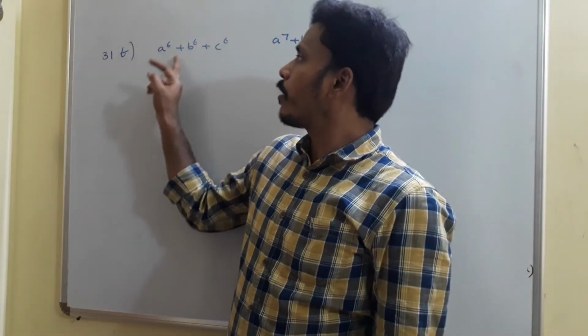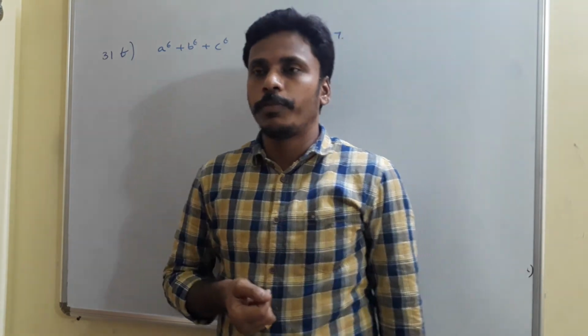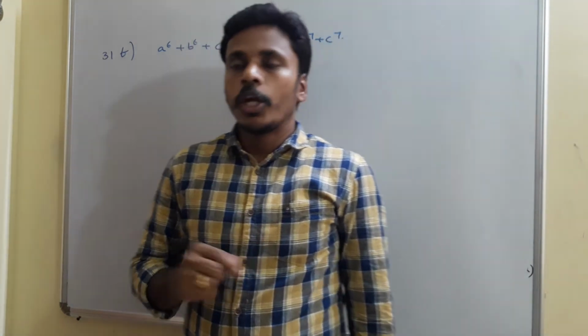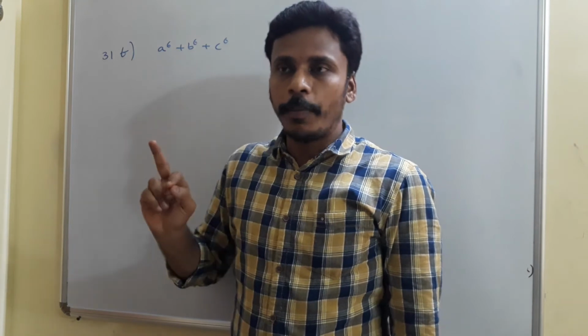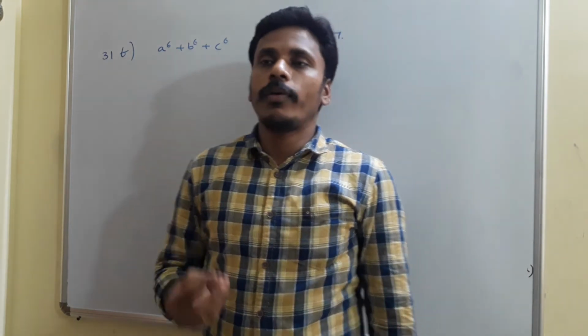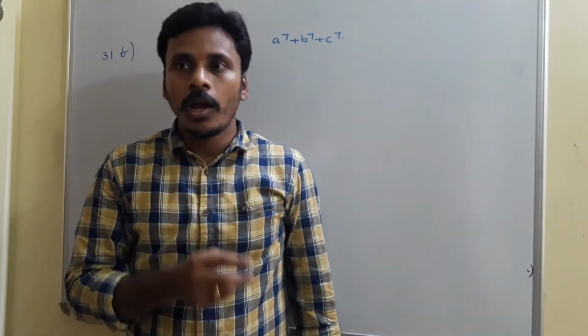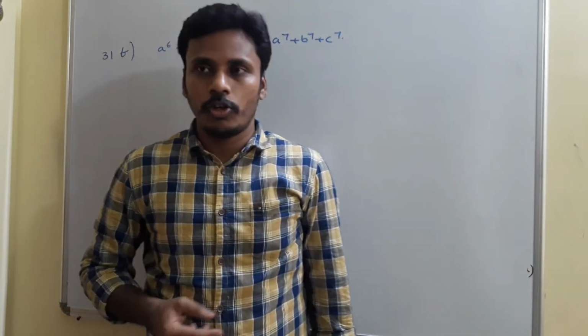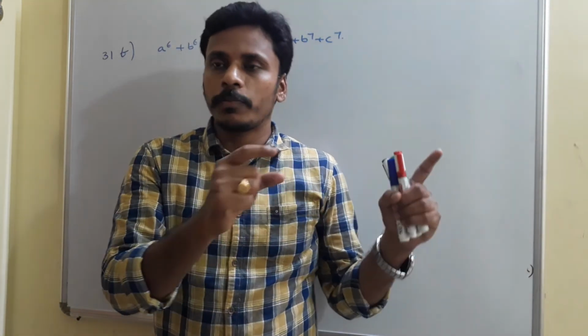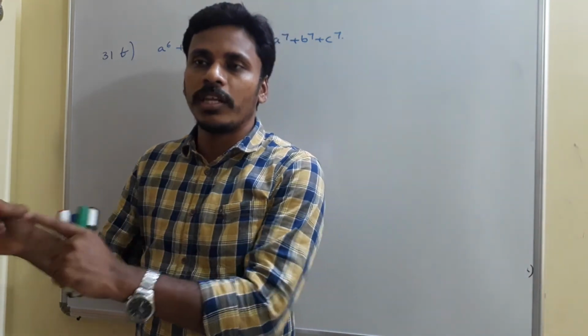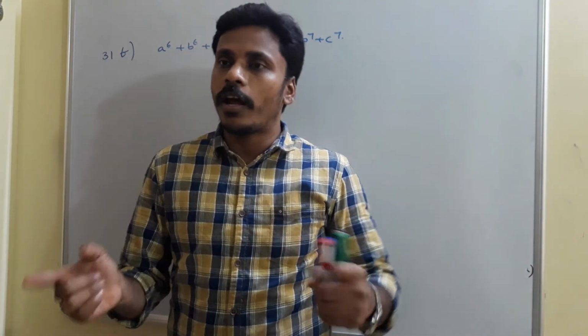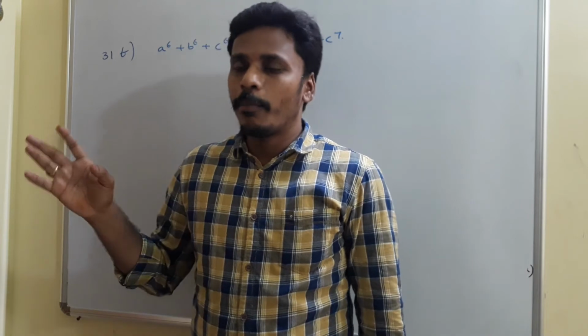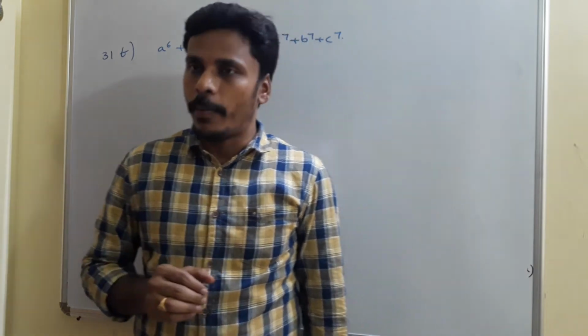First of all, just think about a power 6 plus b power 6 plus c power 6. You will get it just by cubing a square plus b square plus c square, or by squaring a cube plus b cube plus c cube. What I am saying, a cube plus b cube plus c cube is equal to 3abc. You just square on both sides, you will get it, but the answer is not comfortable to memorize.